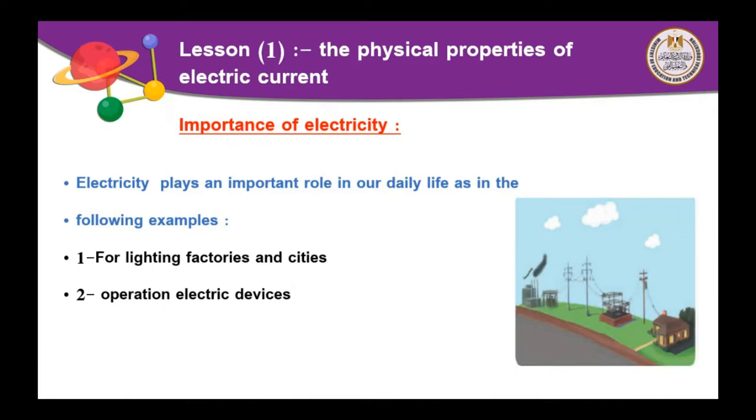All of these devices run with electricity. So from this point we know that electricity is a form of energy that is very important to us because we can use it in number 1, lighting factories and cities. Number 2, operating electric devices.